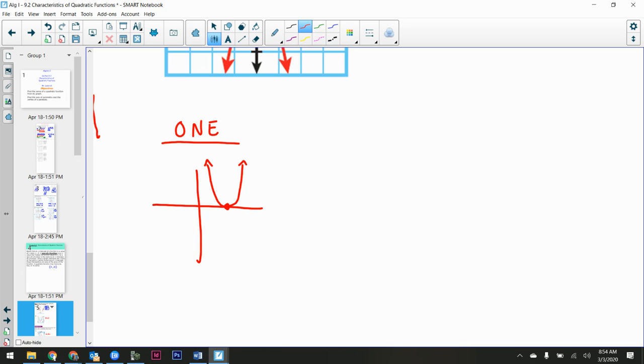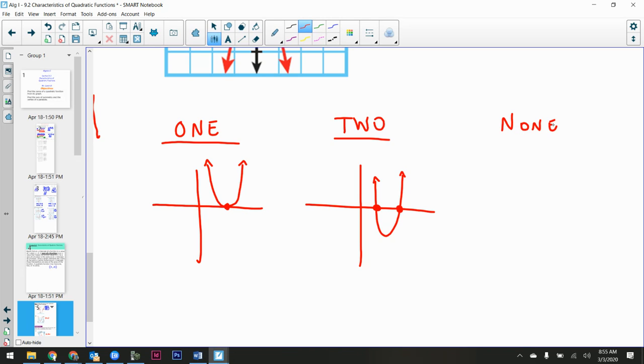Okay? Just a crude little diagram. This is 2 zeros. This is what we normally have. Make yourself little dots there. And this is none. It's not going to cross at all.